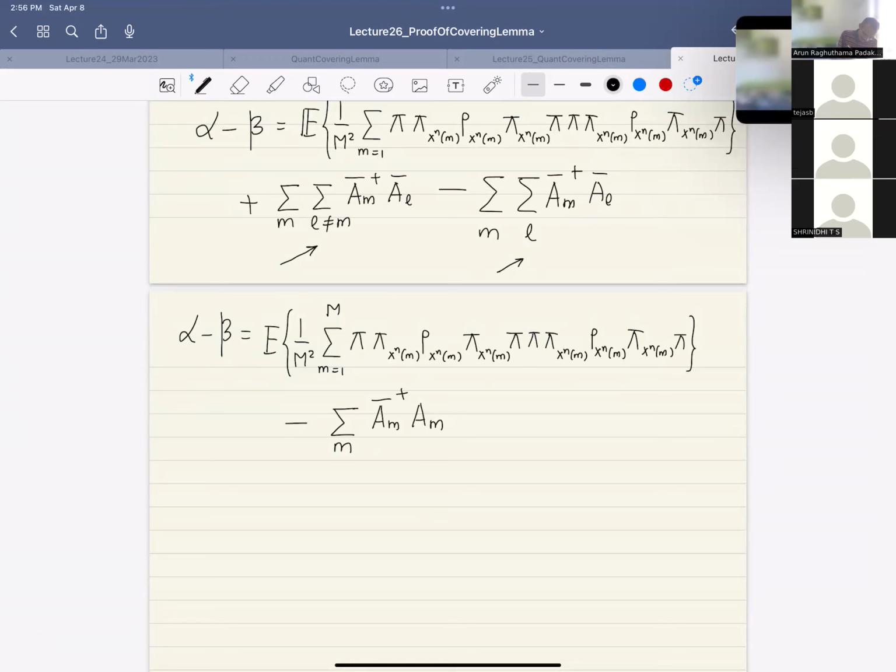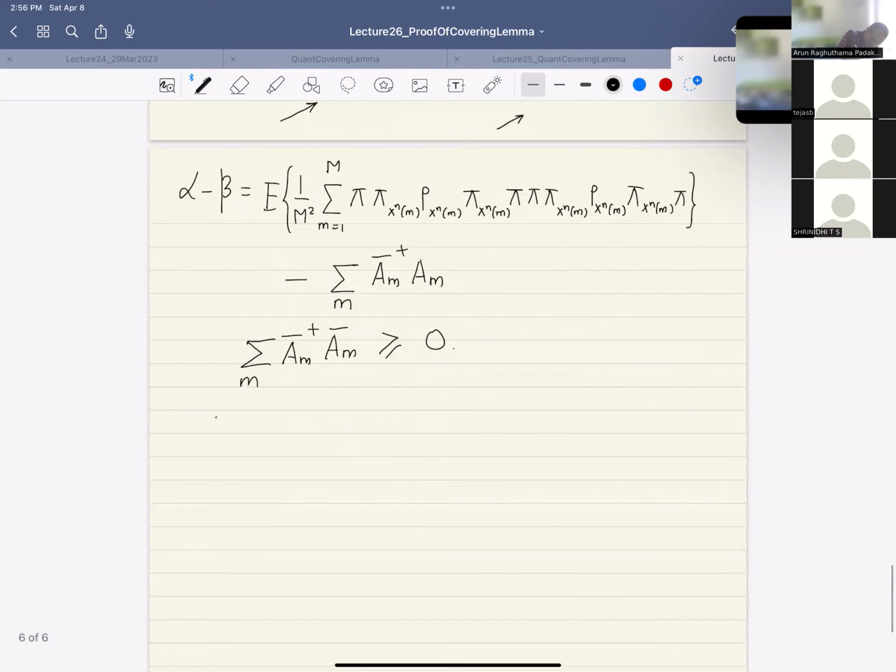Okay. Now clearly this guy AM bar dagger AM is positive semi-definite, obviously, because A dagger A is always positive, and you add them, they're all positive. So that means alpha minus beta can only get larger if I discard the negative positive semi-definite term, that is with a negative sign. So I'm going to get this 1 by M squared.